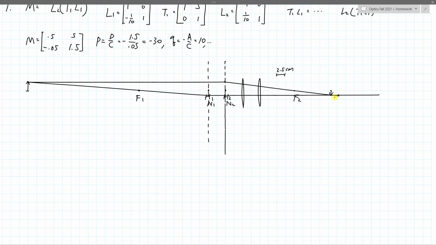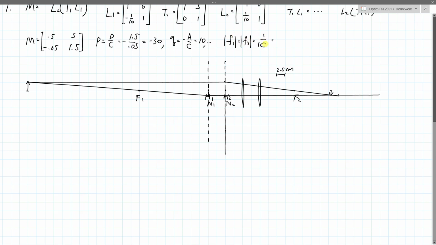I think I forgot to do one last thing, which is finding the equivalent focal length of the combination. F1 and F2 are the same. If I remember right, this is 1 over C. So 1 over C, let's do the absolute value of these because we just want the effective, right?